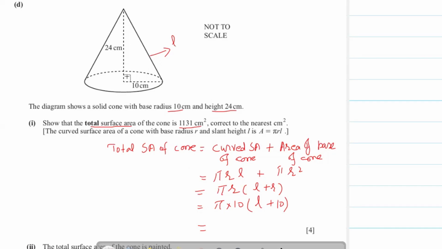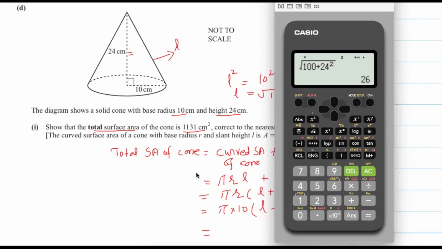This is the right angle triangle. In this right angle triangle, the slant length is the hypotenuse. Therefore, the hypotenuse square will be equal to base square, base is 10, plus perpendicular square, this is 24 square. Therefore, length will be equal to square root of 100 plus 24 square, and this will be equal to 26.